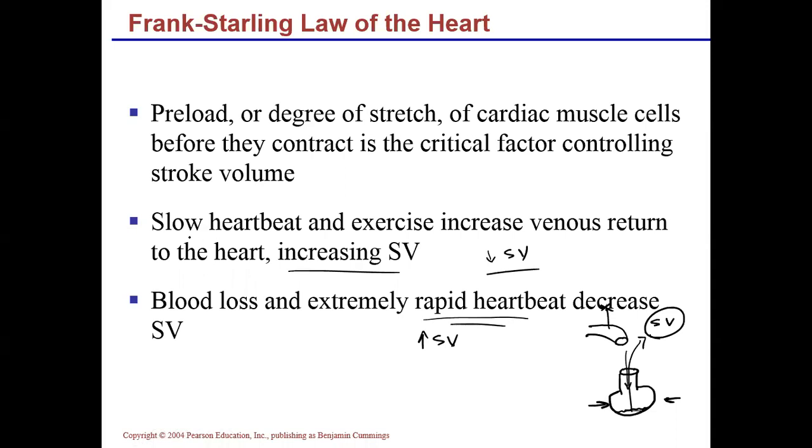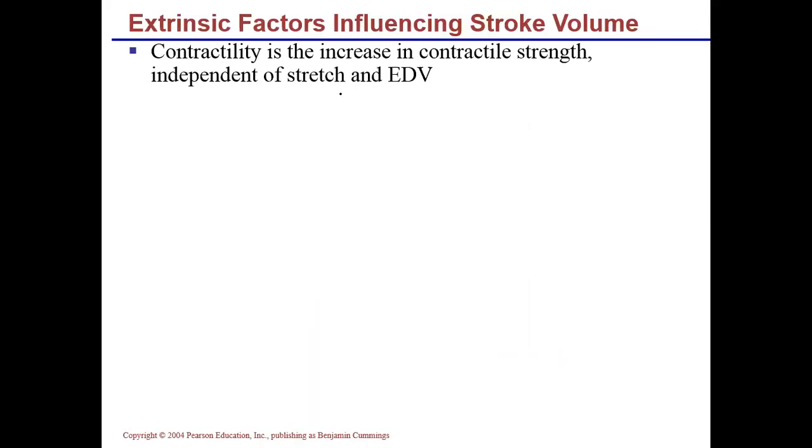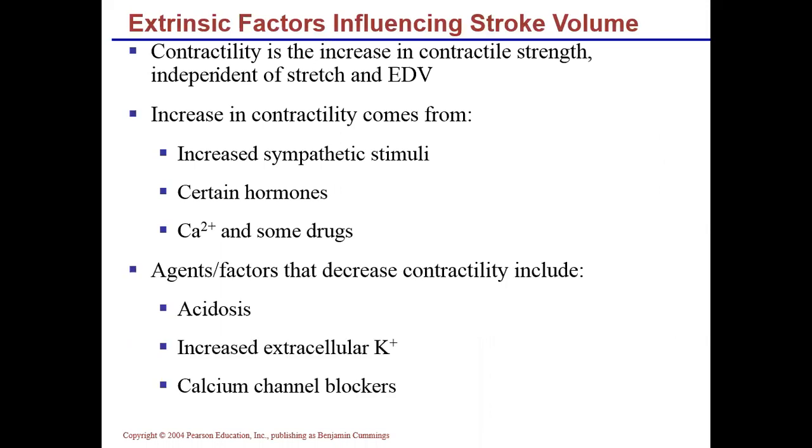Well, a slow heartbeat and extremely rapid heartbeat are not because of the sympathetic or parasympathetic. We have to consider other factors that are involved, and that is contractility. Let's go ahead and take a look at the contractility. Again, the force of contraction is important. This is known as contractility.